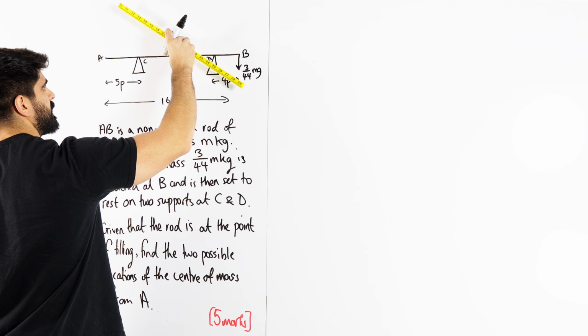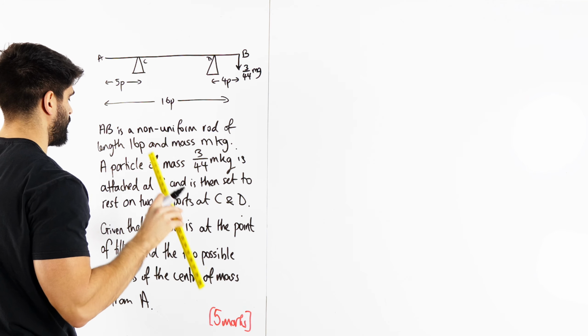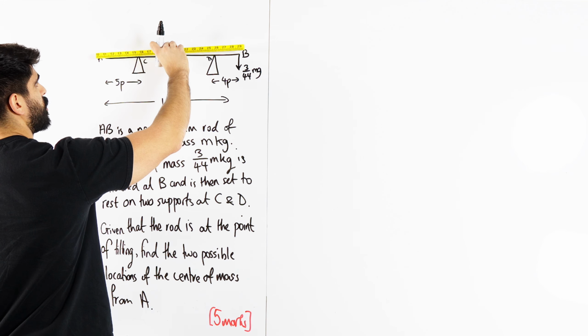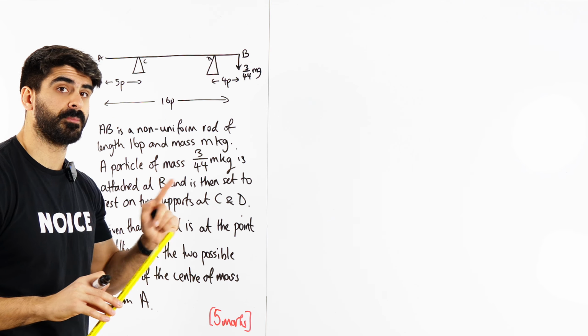Now, if it rotates it that way, then there'll be no contact force with C. But obviously, we're talking about it being in equilibrium, so remaining horizontal. But the contact force with C would still have to be 0 at the point of tilting.